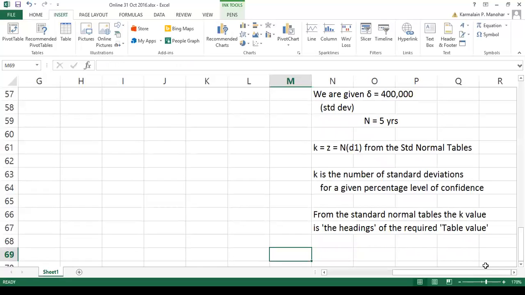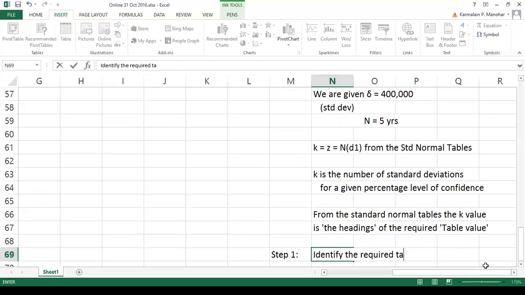So step one really is to identify the required table value.